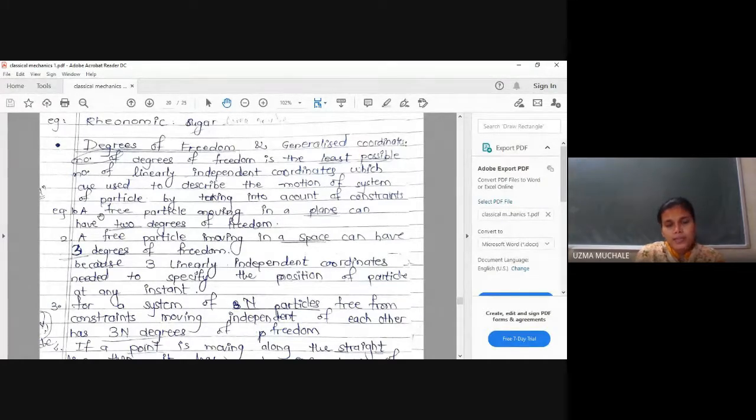Whenever you consider a basis, suppose we are discussing R2 space. If I say we have the basis 1 0, 0 1, this is the standard basis for you, the standard ordered basis. Here there is a question: what is an ordered basis and what is a standard basis? What is the difference between them? You must know this.